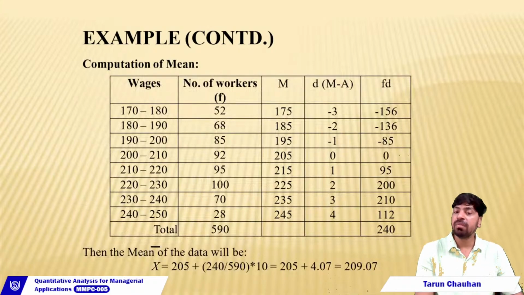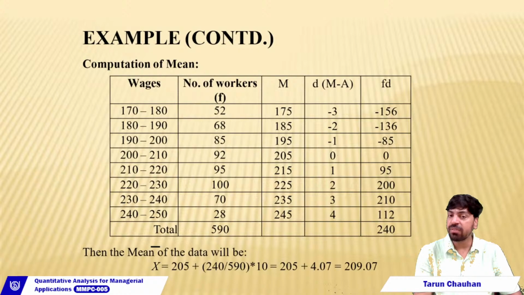So 175 minus 205 by 10, it's minus 3. 185 minus 205 by 10, minus 2. 195 minus 205, it's minus 10 divided by 10, it's minus 1. 205 minus 205 is 0. 215 minus 205, it's 10 divided by 10, it's 1.